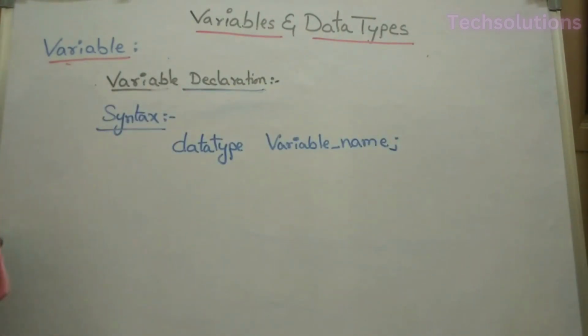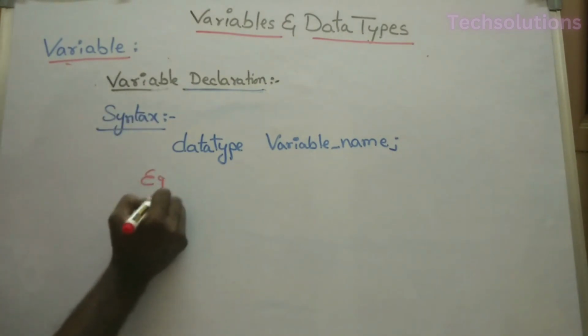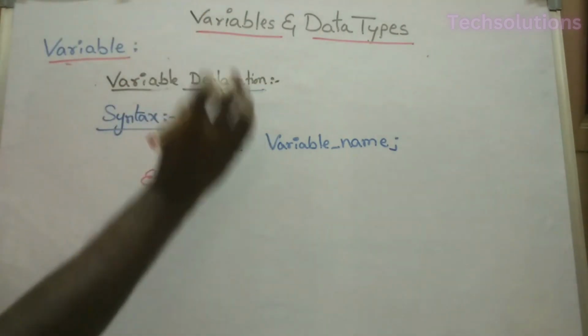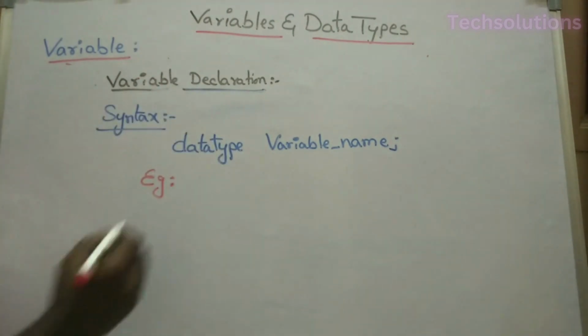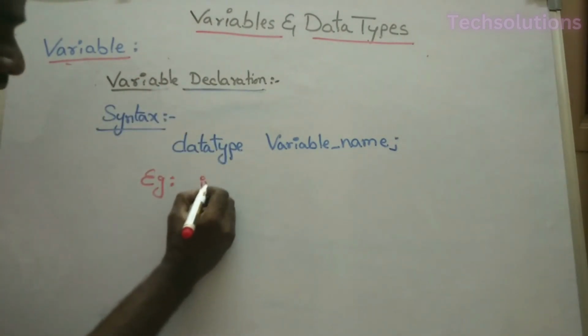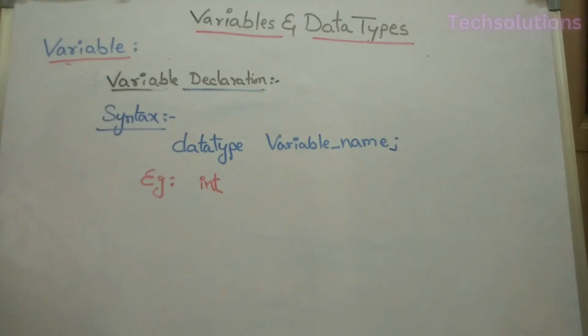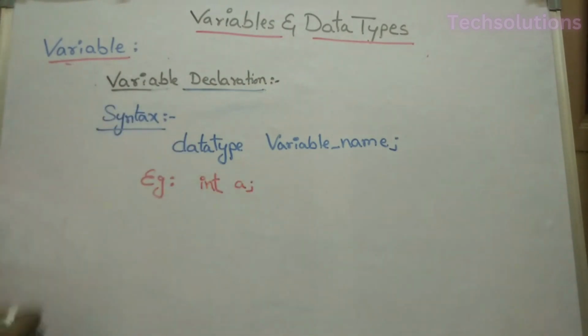The purpose of declaration is to provide some memory location for the particular variable to store the value. Suppose, for example, what is meant by data type? Next topic I will discuss what is meant by data type. Suppose for example, int is a data type, right? Now what is the variable name? Here a is a variable name, right?